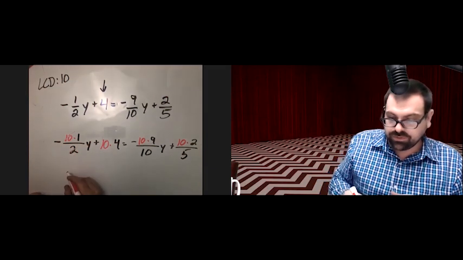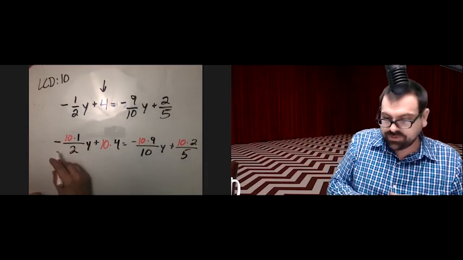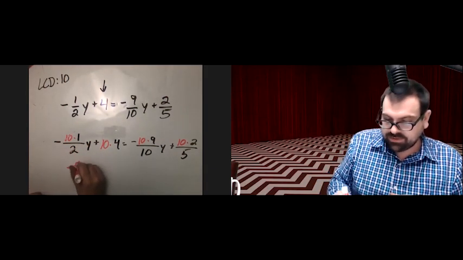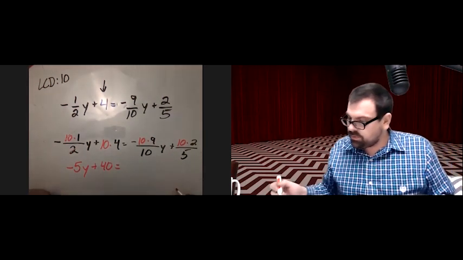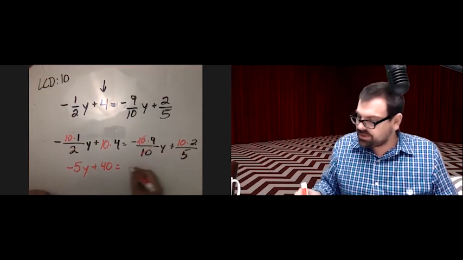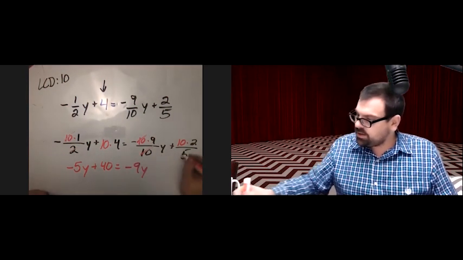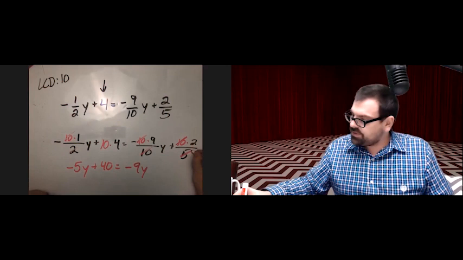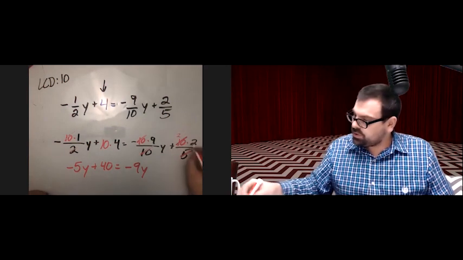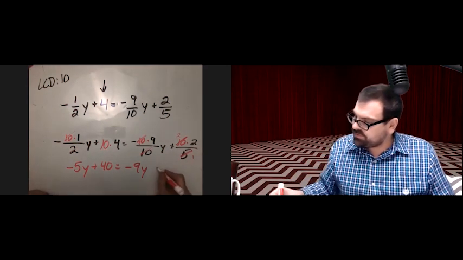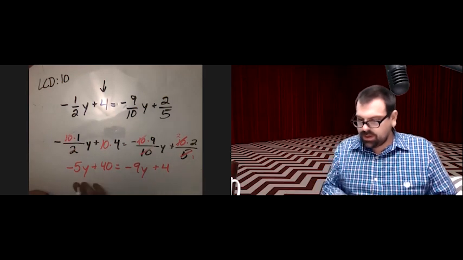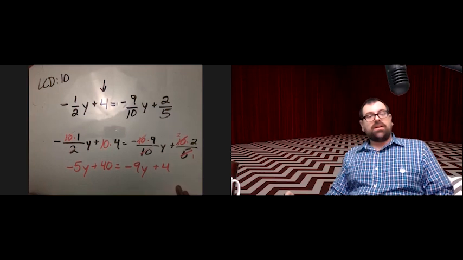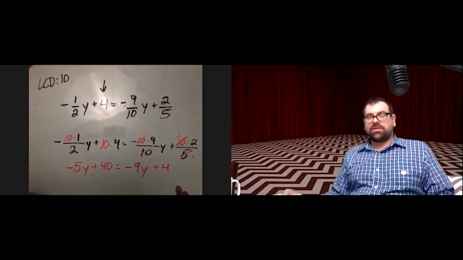Ten over 2 leaves me with 5. So this is going to be negative 5y plus 40 equals 10 over 10 cancels. So that's minus 9y. 10 over 5 is 2. 2 times 2 is 4. So right there, now we have it without any fractions.